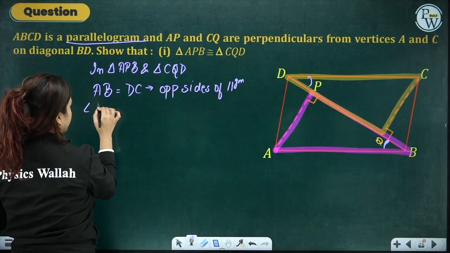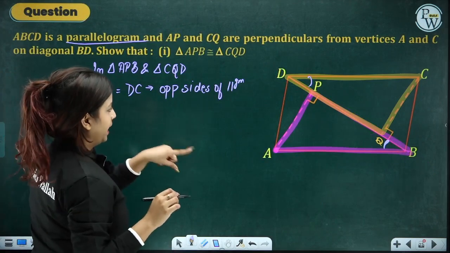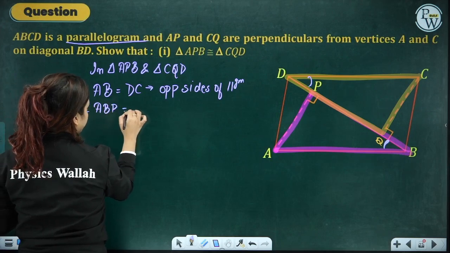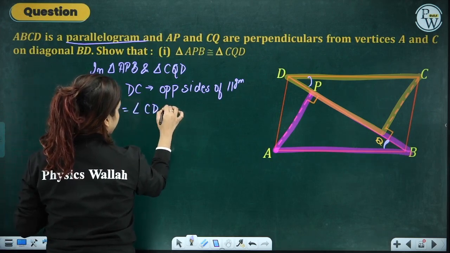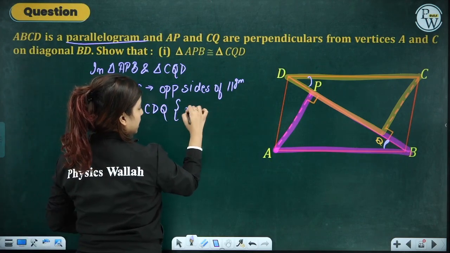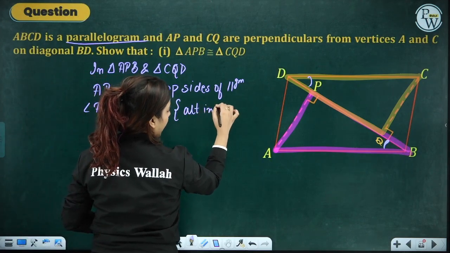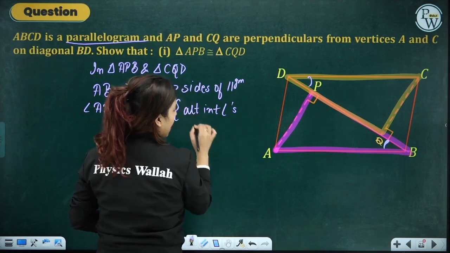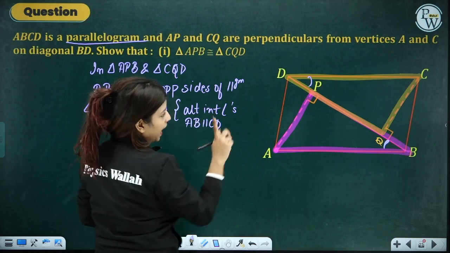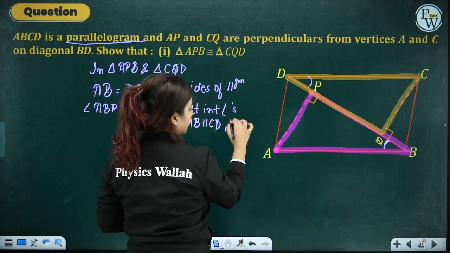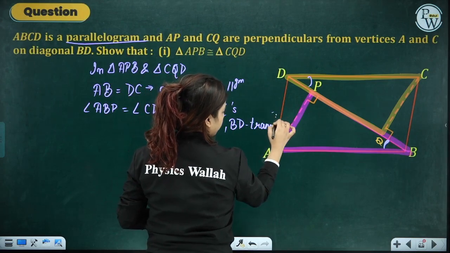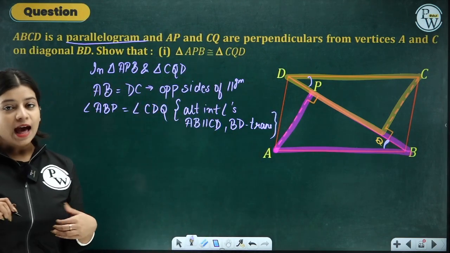So angle ABP will be equal to angle CDQ, right? And why can we say that? Because these are alternate interior angles, and what we have taken is that AB is parallel to CD and BD is the transversal, right?